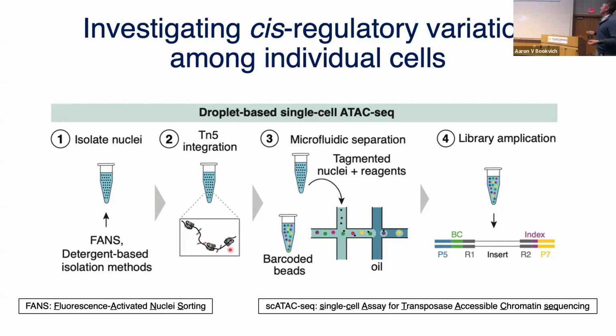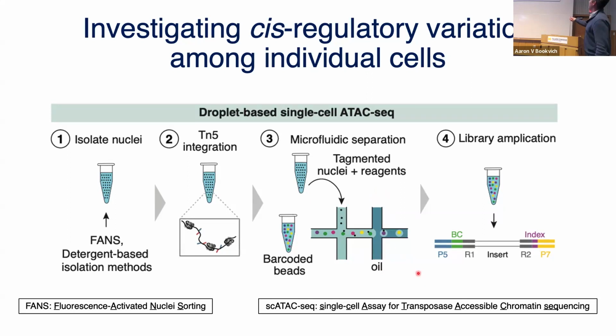And so the idea is that if we can get a single nucleus and a single barcoded bead into one droplet, then we can profile the accessibility of that nucleus. And so each of these beads contains a 16-mer oligo that's appended to all the accessible regions from the nucleus that's in that droplet, right?